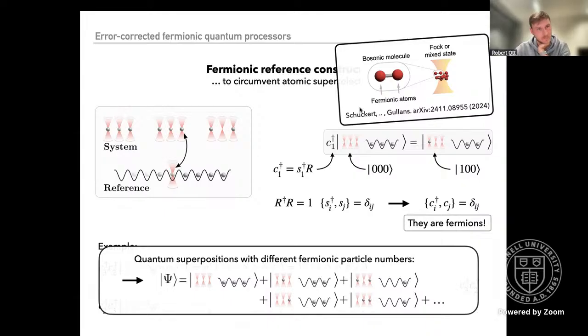Now in this case, it's not clear in my head what tasks you're going to use this fermionic thing for, and because I don't have that picture in my head, I'm not seeing what is the problem that's being fixed by doing the error correction. Does that make sense as a question?